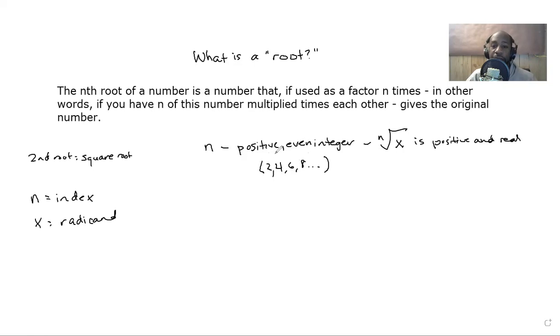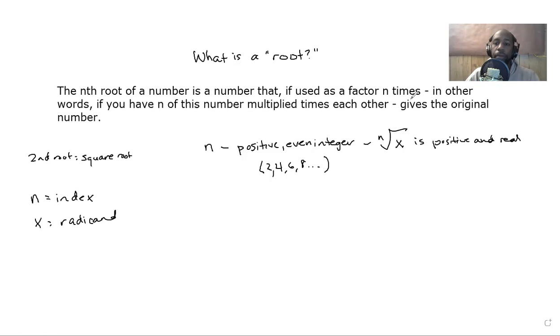So if n is 2, 4, 6, 8, 10, 12, some sort of positive even integer, then the nth root of x is going to be positive. That means it's going to be greater than 0. And it's going to be a real number. Real just means it's the opposite of imaginary numbers, which is basically an imaginary number gets created when you try to take, for example, an even root of a negative number. You get a number that has the letter i after it, not the subject of this particular lesson.